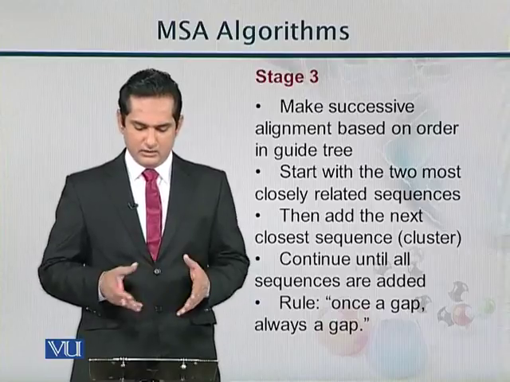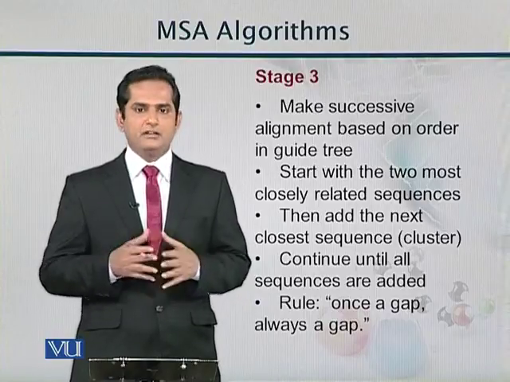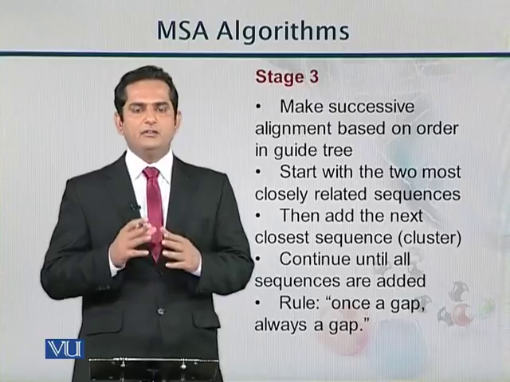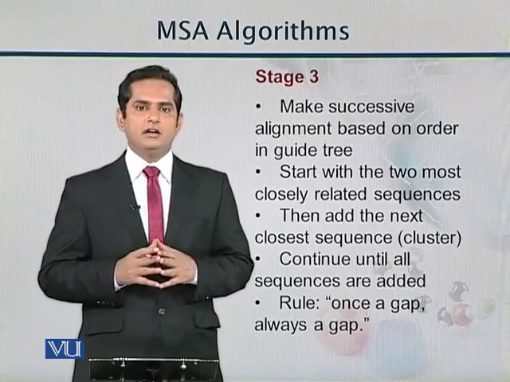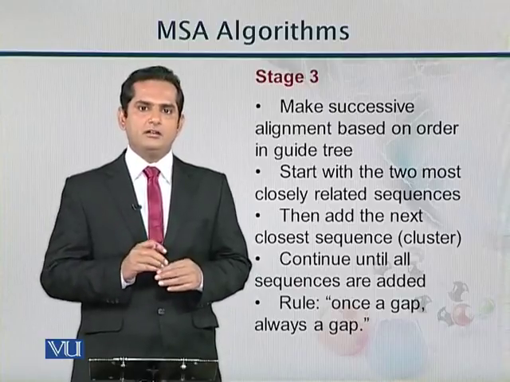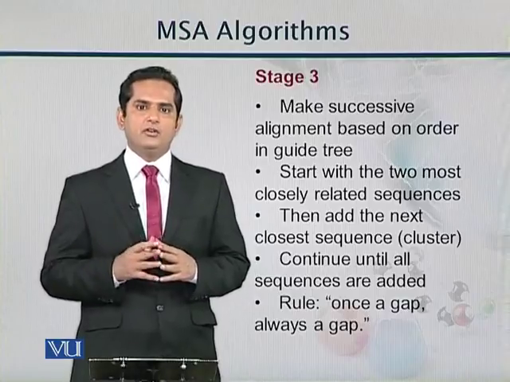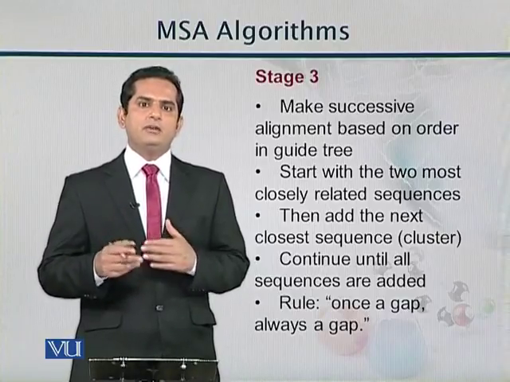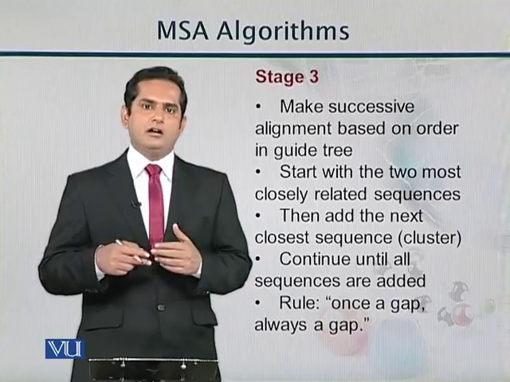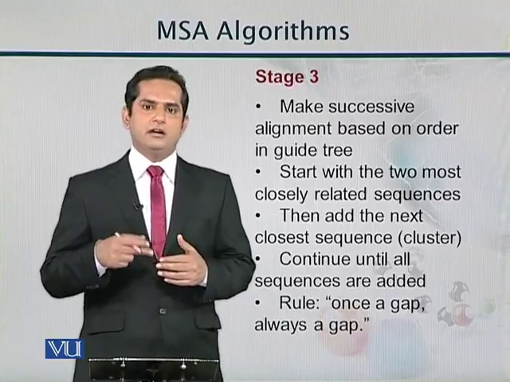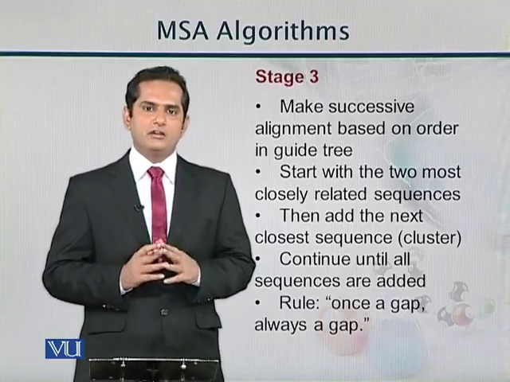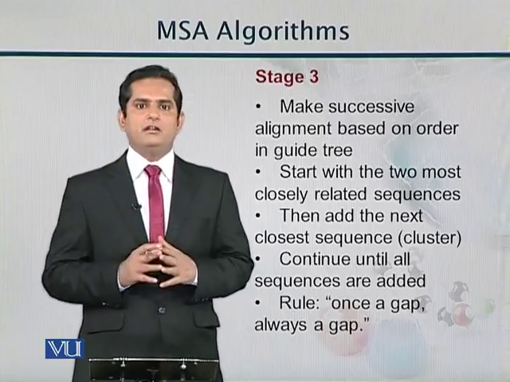What is the rule? Basically, if we have a gap, then it will always be a gap. Why? Because if we have a gap at the start and want to remove it later, it is not possible, because it accumulates, increasing in each step. So we can't remove a gap once it is introduced.